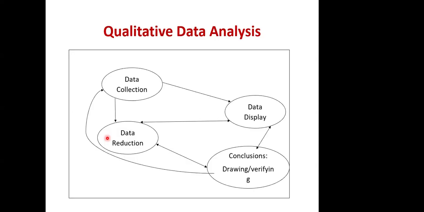Okay, right. So I will now explain to you the particular process. When it comes to qualitative data analysis frameworks, there are a few discussed in the literature. This is actually the Miles and Huberman framework.